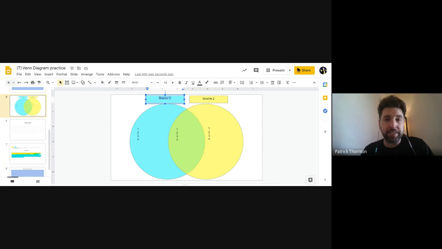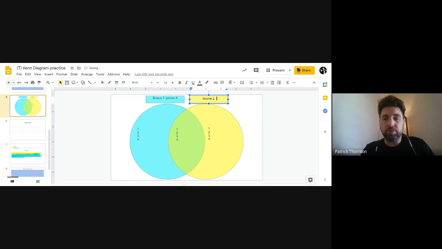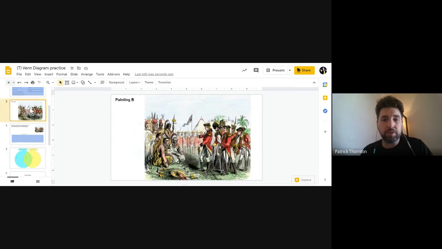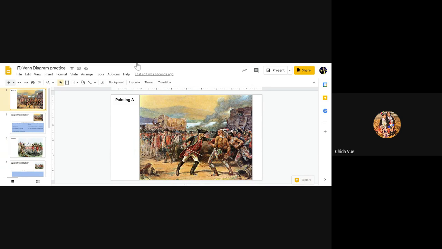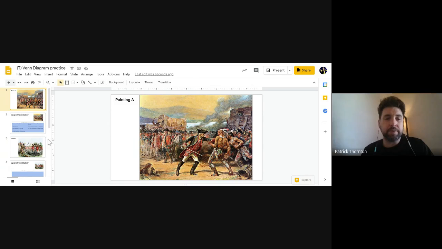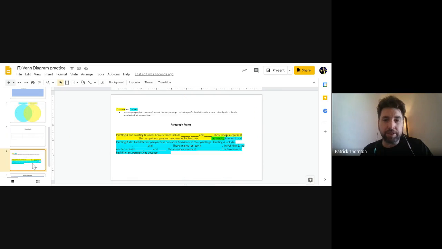So you might say source 1 is picture A. Source 2 is picture B. What do you see that's similar and what do you see that's different between those two pictures? Does that make sense? Yep. Okay. And then once you finish, you're doing just like we did yesterday. You're writing and explaining what you saw. Okay?